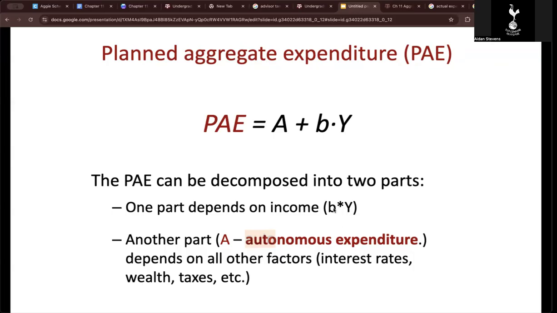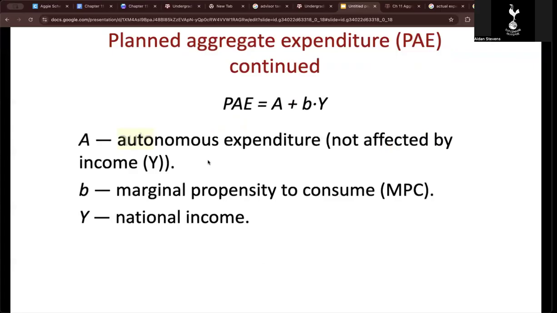Additionally, now let's move on to the marginal propensity to consume B times the national income. As you see, the marginal propensity to consume is B, and the national income is Y. What the marginal propensity to consume is saying is that for every additional dollar you make, how much of that dollar are you going to spend?